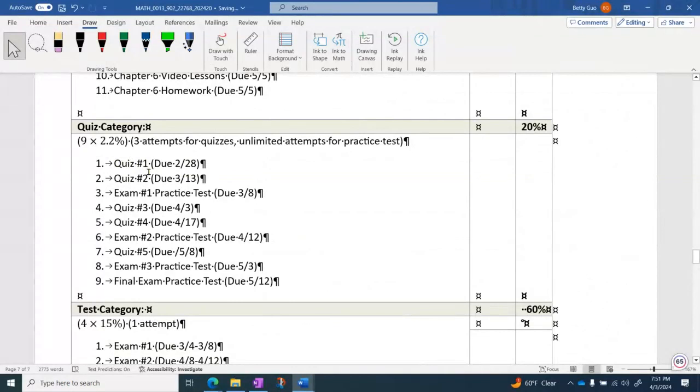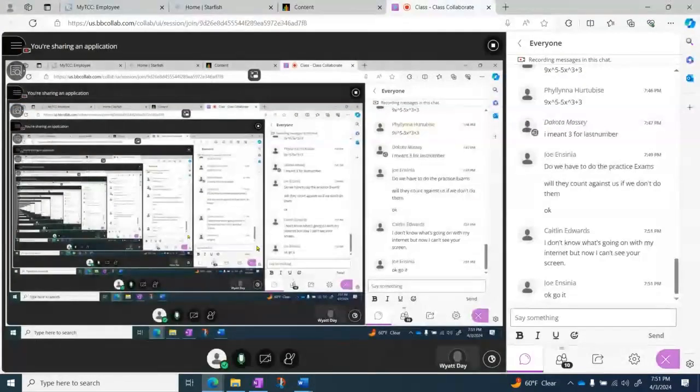In the quiz category, we have 5 quizzes and 4 practice exams. So together we have 9 items here, and they are equally weighted in the quiz category. Each item accounts for 2.2%, and you have 3 attempts for quizzes, but unlimited attempts for practice tests. It doesn't matter. It is graded.